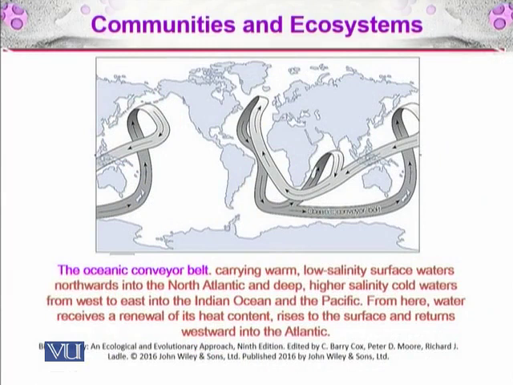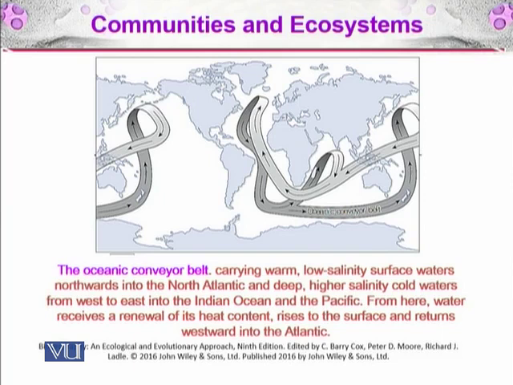Here you can see the oceanic conveyor belt, carrying warm, low salinity surface water northward into the North Atlantic, and deep, higher salinity cold water from west to east into the Indian Ocean and the Pacific.